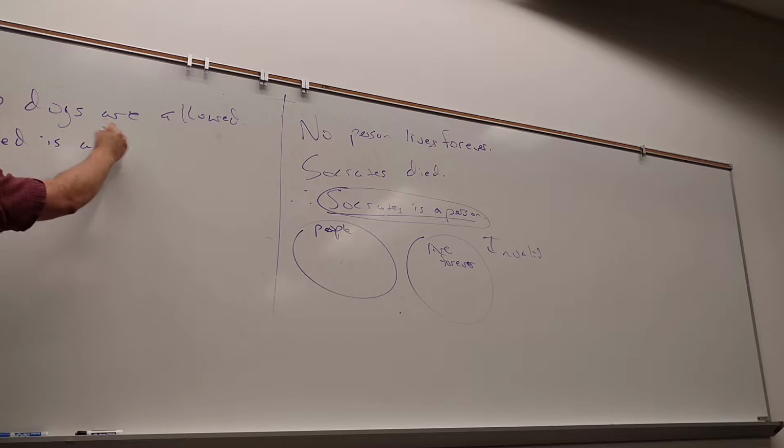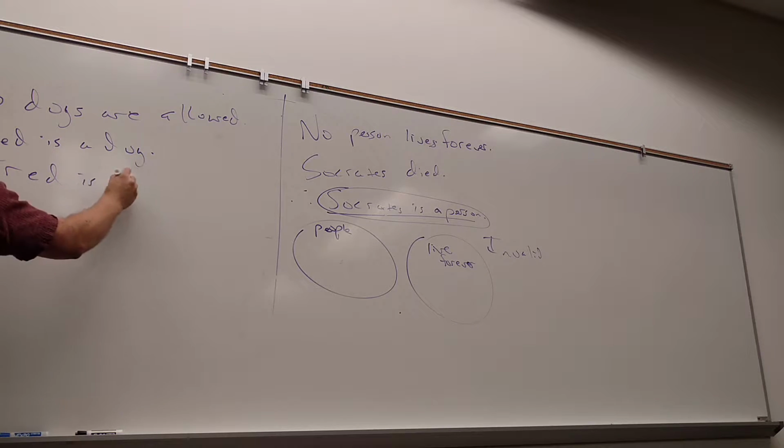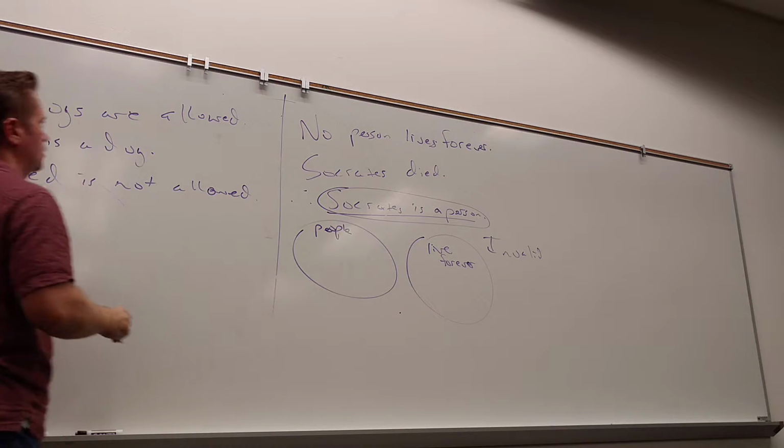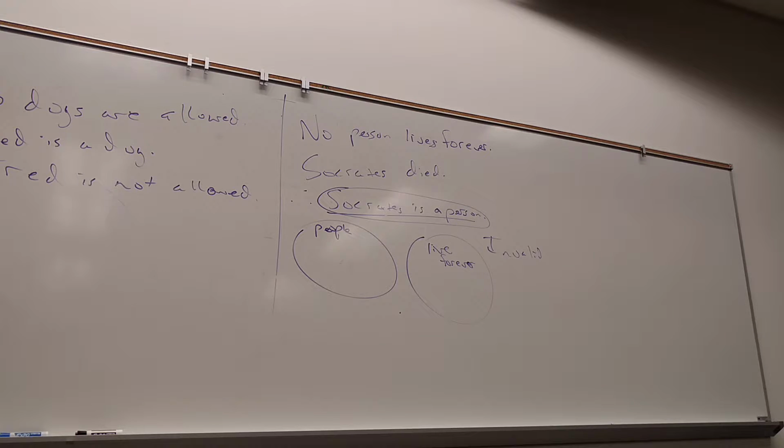Fred is a dog. Therefore, Fred is not allowed. I mean, that's going to be pretty easy, but how would you draw that? No dogs are allowed. I need a circle for all the dogs in the universe, and a circle for all the allowed things in the universe. And those two circles have to be separate, not touch. I like it.